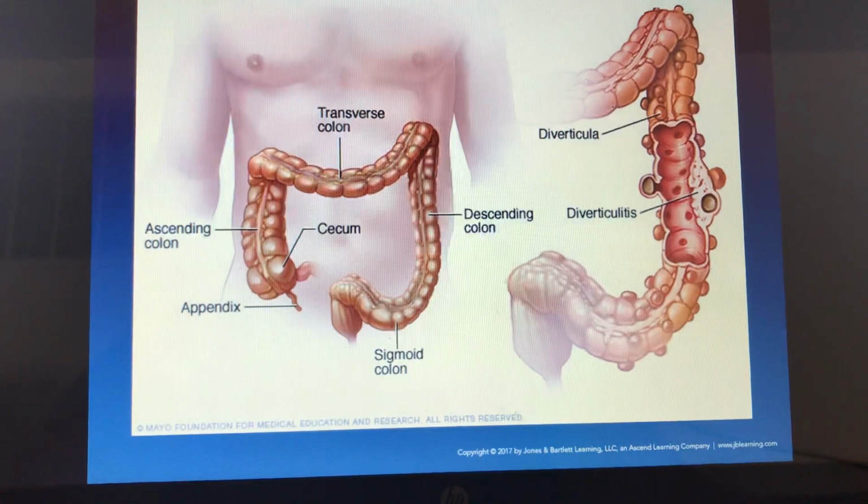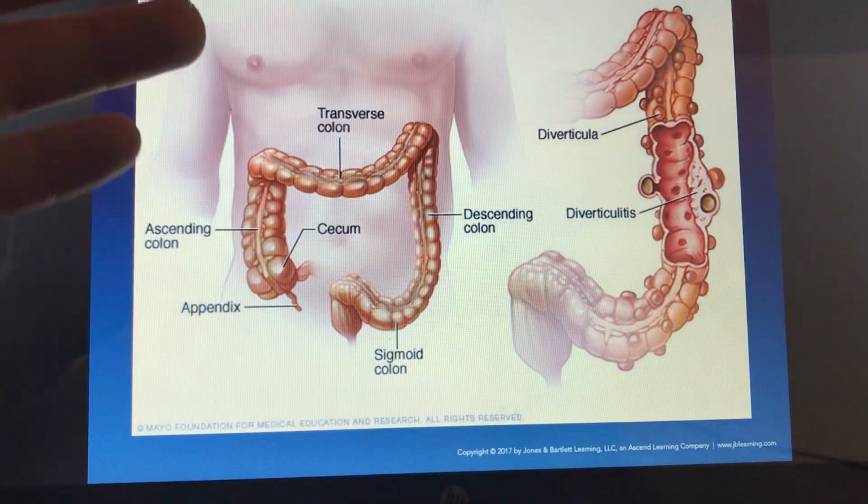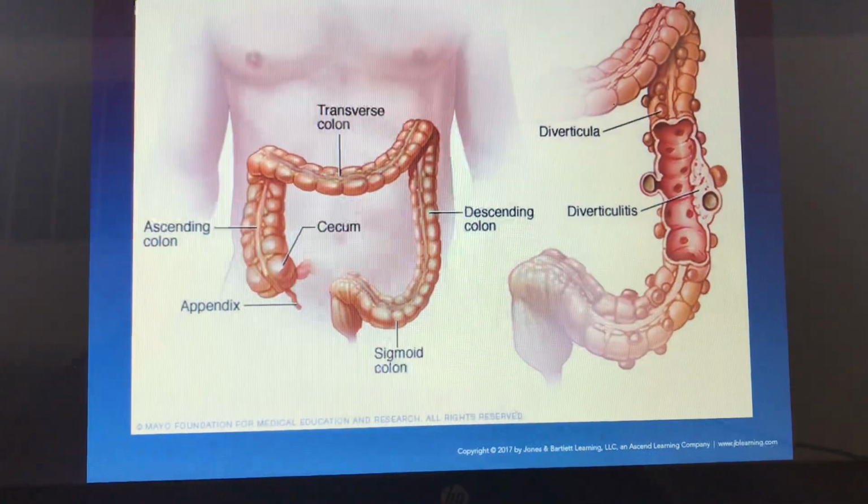Where you start having diverticulitis and you start actually having issues is where it does get blocked in some of the areas and it starts having infection set up, and then you start having septic-like symptoms like fever and stuff like that. Then it becomes irritated, you'll have some diarrhea, so it does get very, very bad. So again, diverticulum is something that people live with. There are these outcroppings and pouches, and you can have this and not have too many issues.